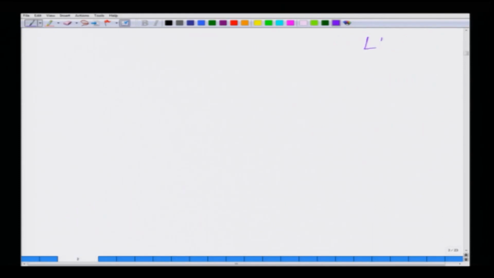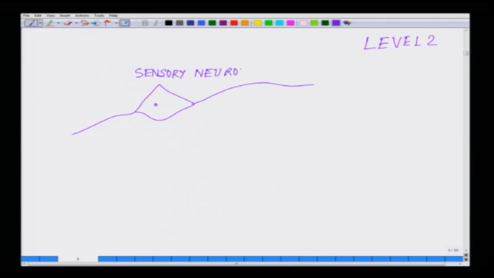What is happening in level 2? Now coming back to level 2. A signal has arrived from the sensory neuron, and through the interneurons this signal is getting split up into two different components.